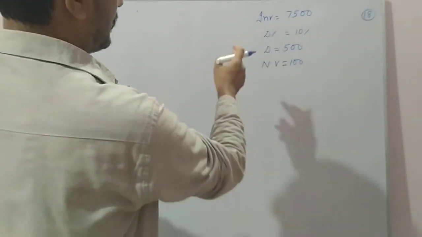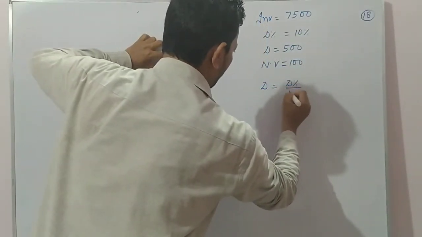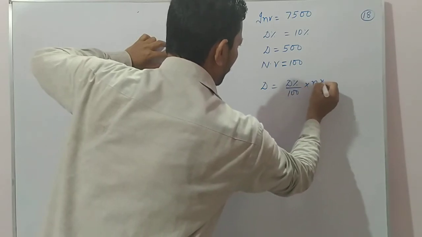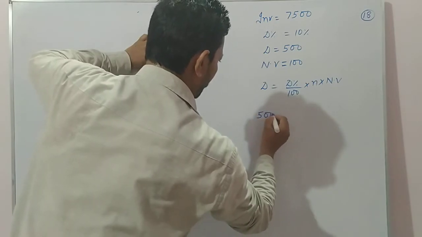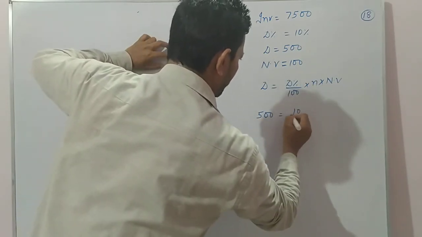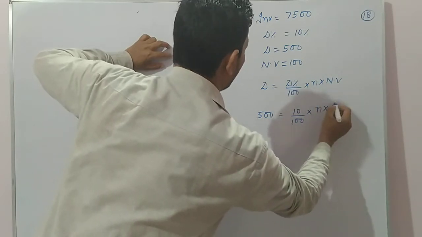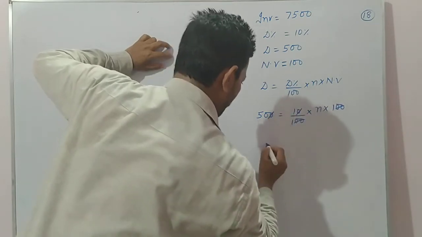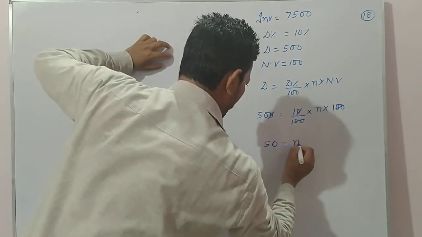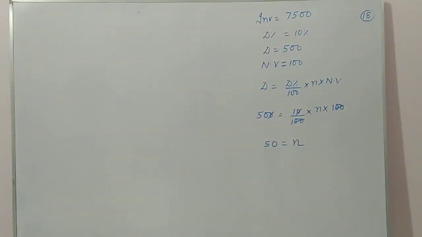That means we have to find the market value of the shares. Investment is given, dividend is given, dividend percent is given. So we know that dividend equals dividend percent by 100 into number of shares into nominal value. Dividend is 500. Dividend percent is 10 by 100 into number of shares into nominal value 100. This will cancel out, this will cancel out. Number of shares you are getting is 50. We have to find the market value of the shares.